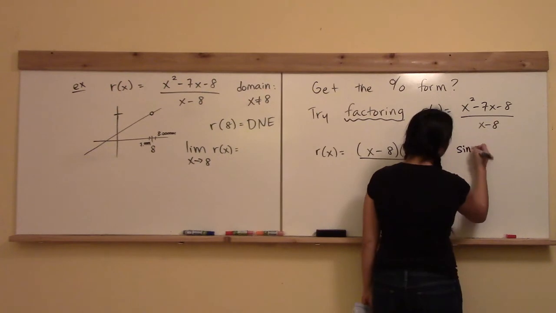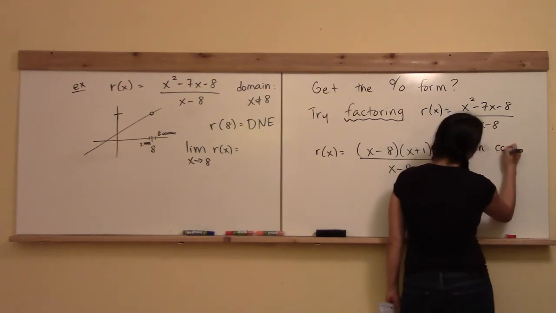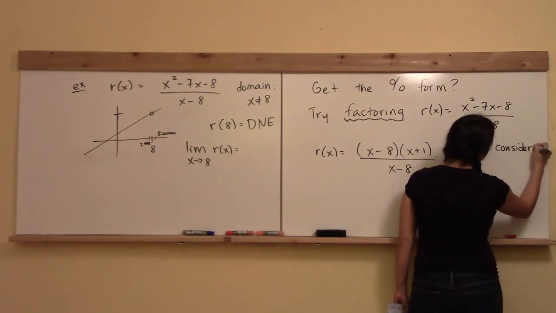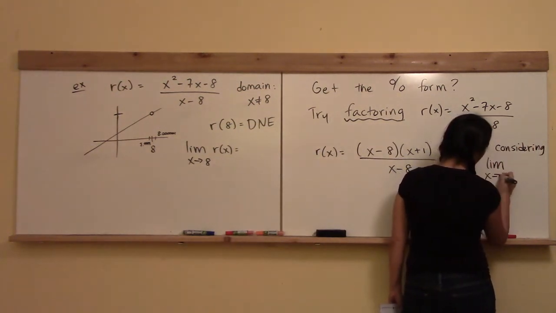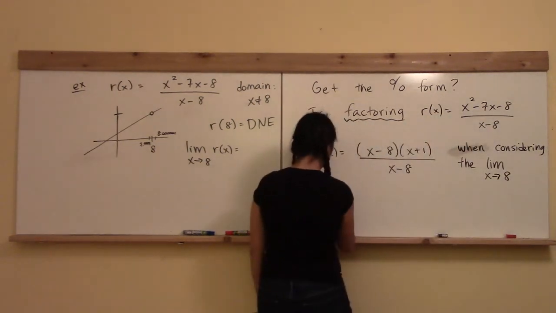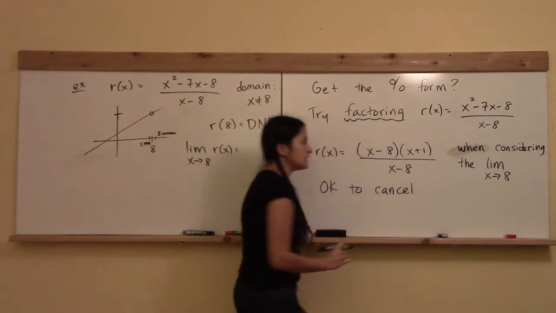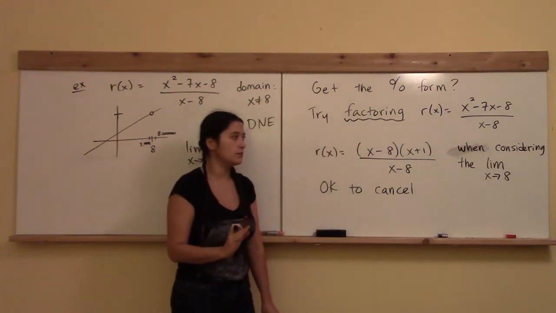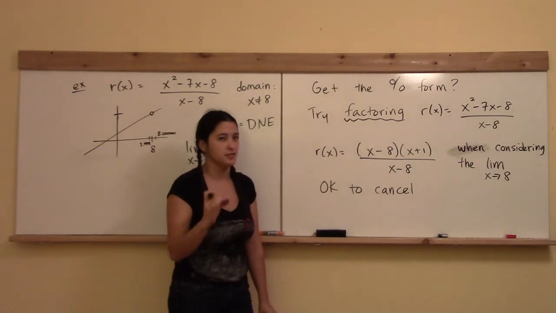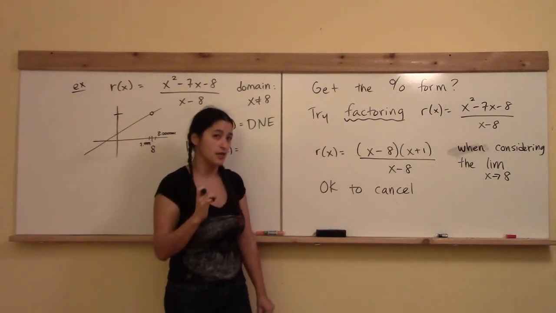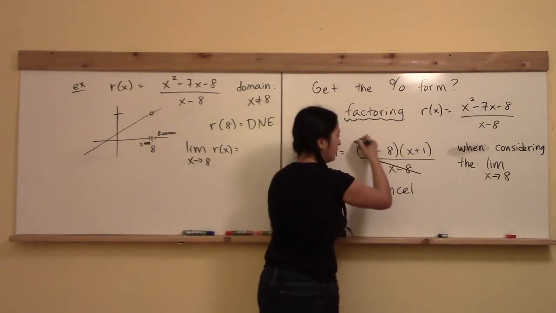So when considering the limit as x approaches 8, it's okay to cancel, which is to say that when I'm talking about the limit as x approaches 8, x is not equal to 8, but it's something very, very close to 8, but it's not 8, then I can cancel these on top and bottom.